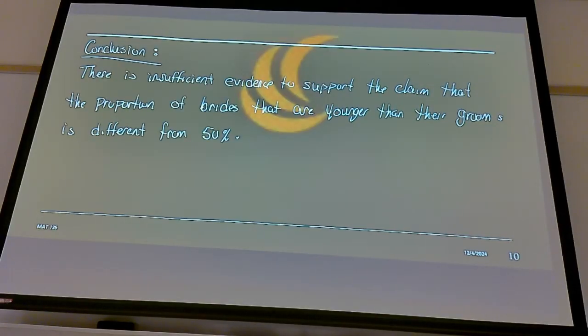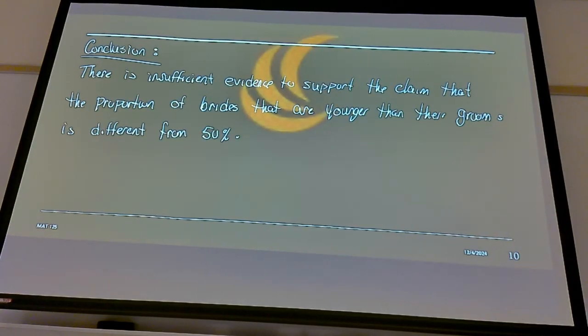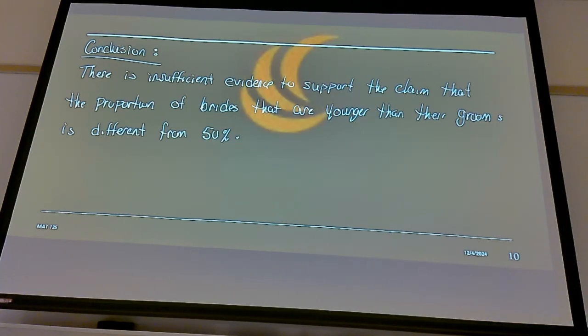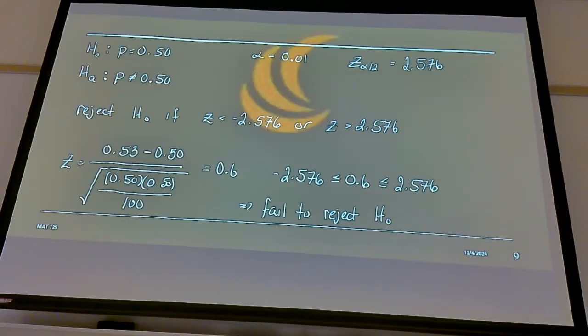Whenever you fail to reject, that's when you have insufficient evidence. It depends on what claim you're testing. Are you testing the null or the alternative? This one we're testing the alternative.